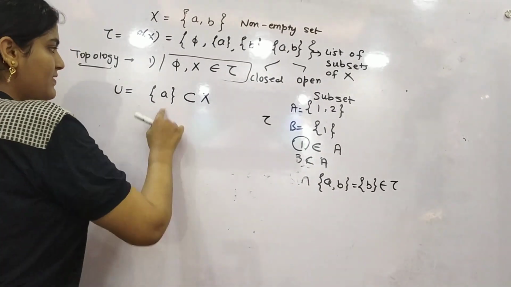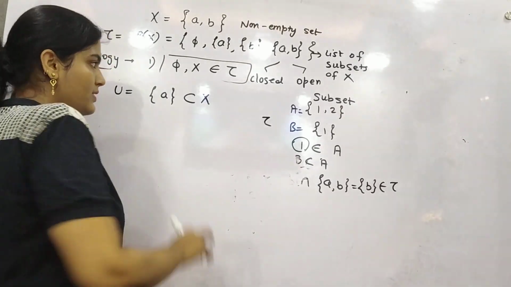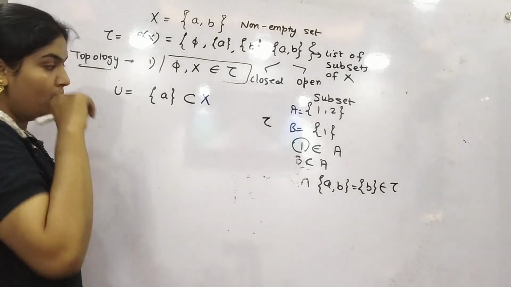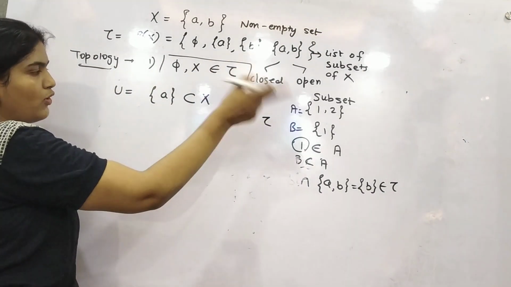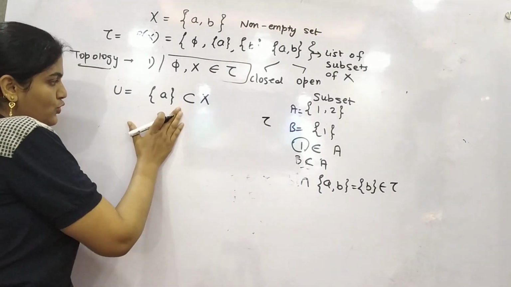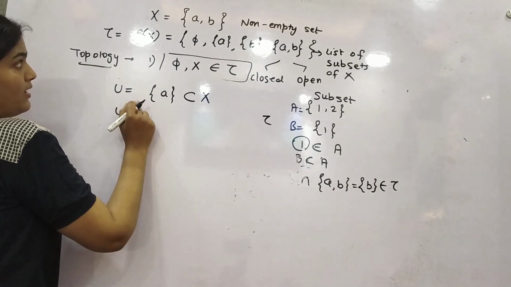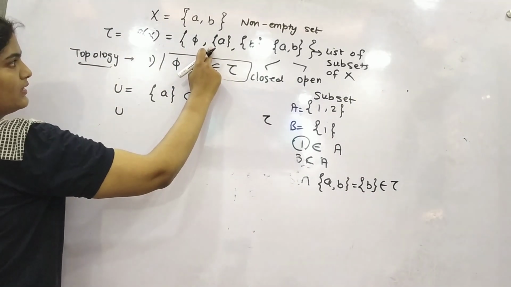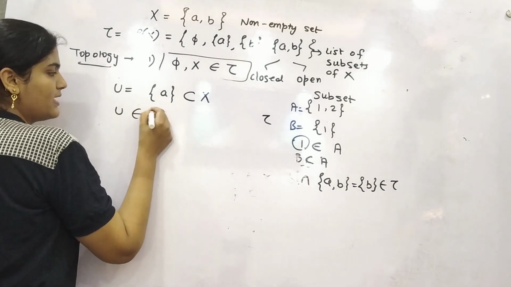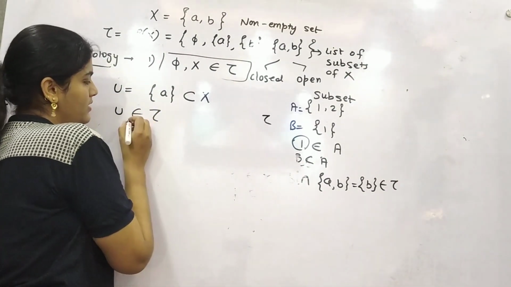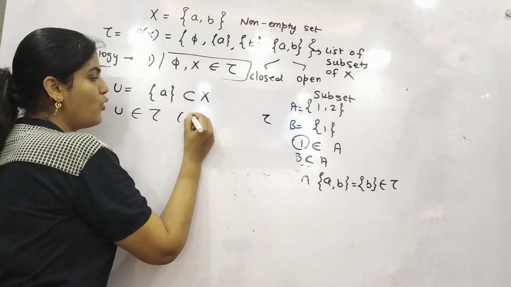Obviously, this A belongs to X, so this U is a subset of X. Now you want to check whether this U is a closed or open topology. If this U follows all the properties of topology, this A lies in tau, and following all those three properties, this is an open set.